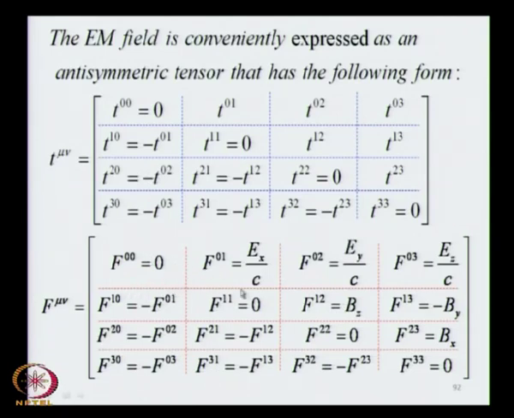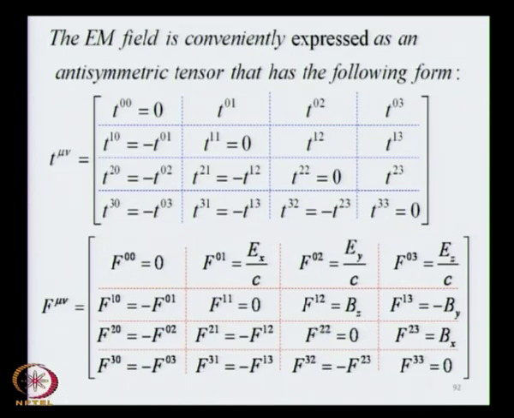Again you have zeros along the diagonal, just like this typical antisymmetric tensor. Again you have an antisymmetry over here. So, if F01 is Ex over C, then when you interchange 0 and 1, so instead of the element in the second column and first row, you go to the element in the second row and the first column, you get minus of F01. So, this will be minus Ex over C, and likewise you will have other components given by the corresponding antisymmetry.